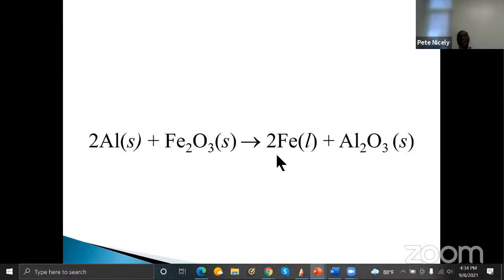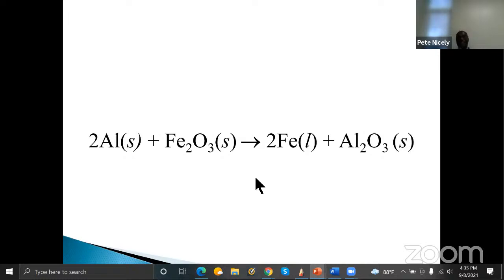As you can see here, going back to this example, you'll notice also that the aluminum has an S here, the iron 3 oxide has an S here, and the aluminum oxide has an S here. So basically, what this is indicating is that the aluminum, the iron 3 oxide, and the aluminum oxide are in the solid state, right? So that's just some additional information that is usually given in a chemical equation so that whoever is reading it can interpret it correctly and understand the type of reaction conditions required in order for the reaction to take place.